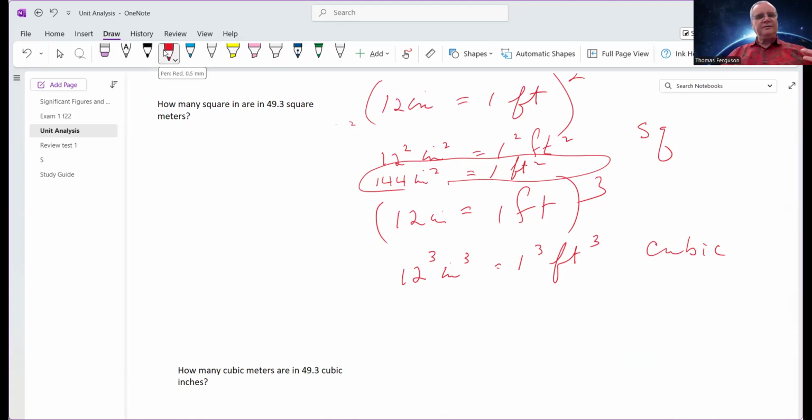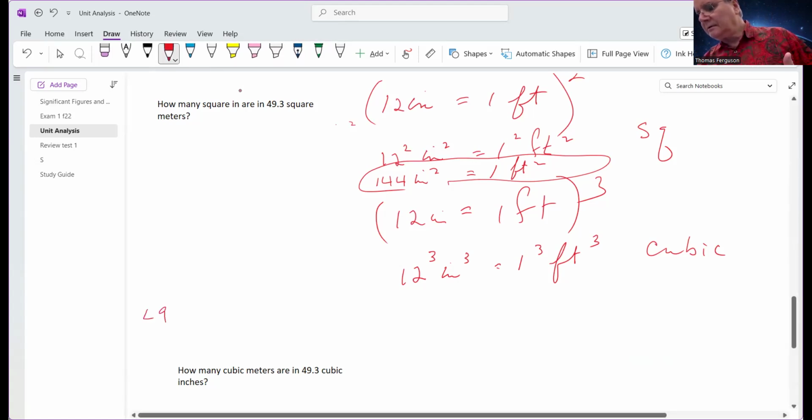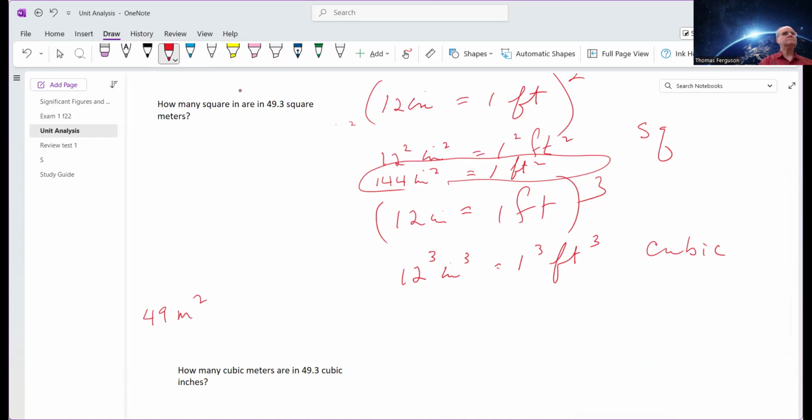All right, so we're starting off with square meters. Now, do I have to square the 49? No, because it's already been squared. The conversion factor is going to have the squared number in it, but not what you start with.